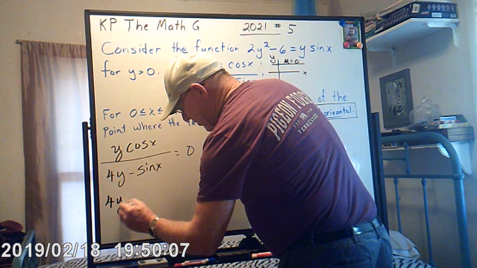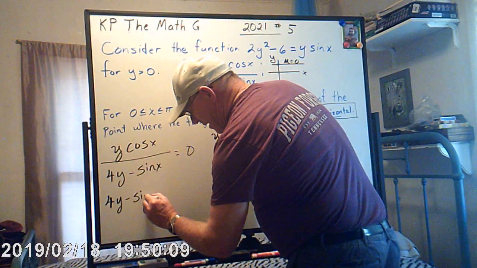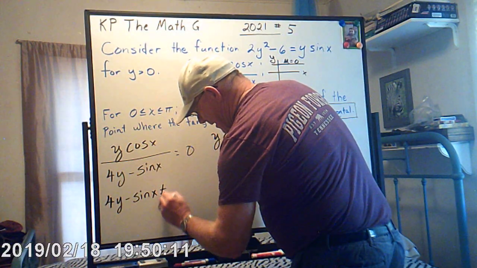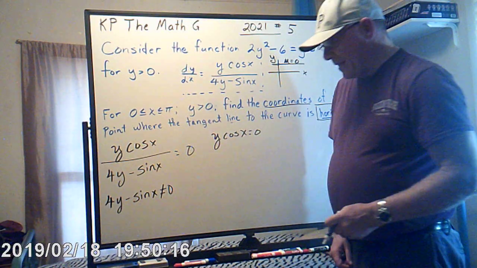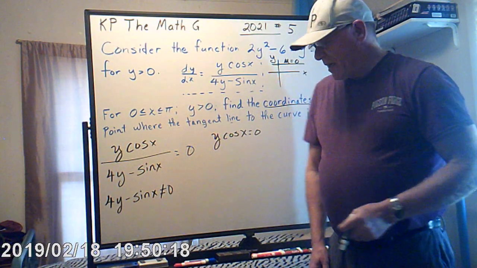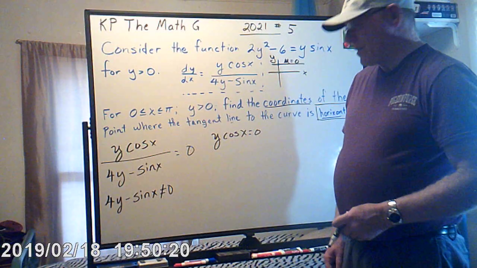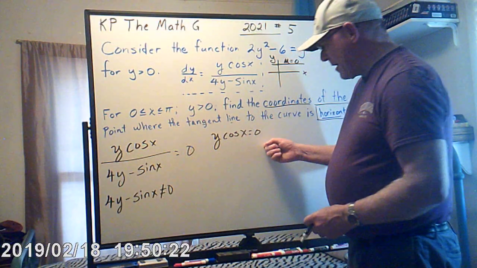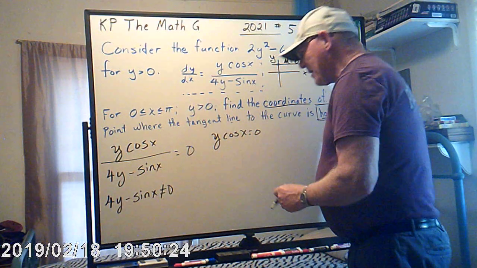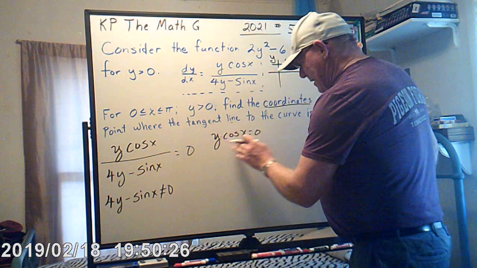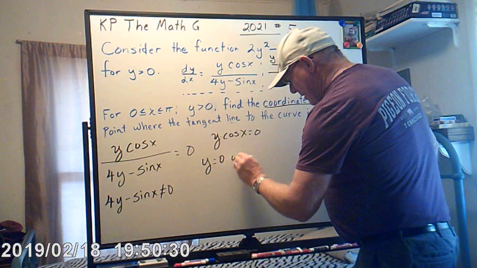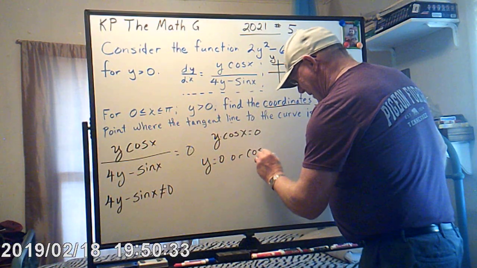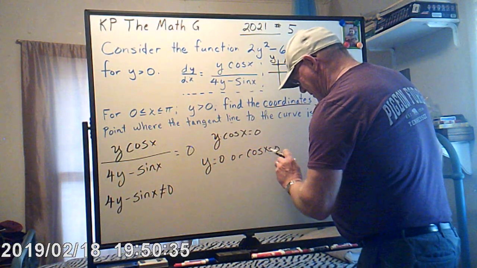We are assuming then that 4y minus sine x is not equal to 0, because if it did, this would be totally meaningless. We cannot have 0 in the denominator. So we're just going to focus on the numerator. Well, in this case, a times b equals 0, so that means y is equal to 0, or cosine of x is equal to 0.